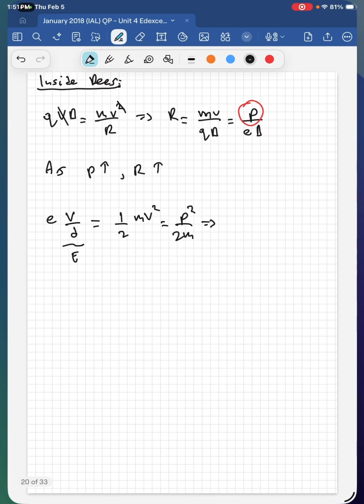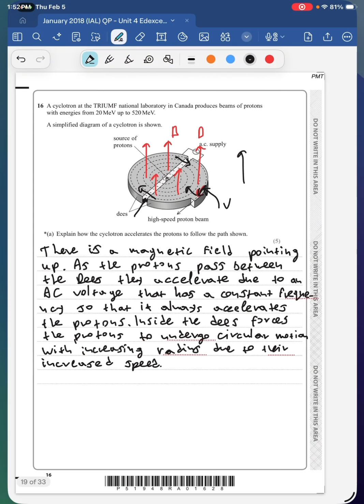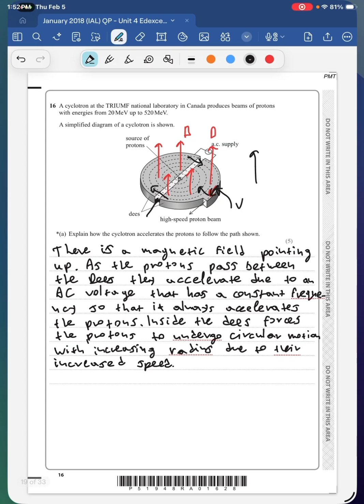So the momentum of these protons is the square root of 2 times the mass of the proton times the electric charge of the proton, which is plus e, times the voltage, which I write like that to distinguish from the velocity, over d, where d is the distance between the Ds. So d is this distance.